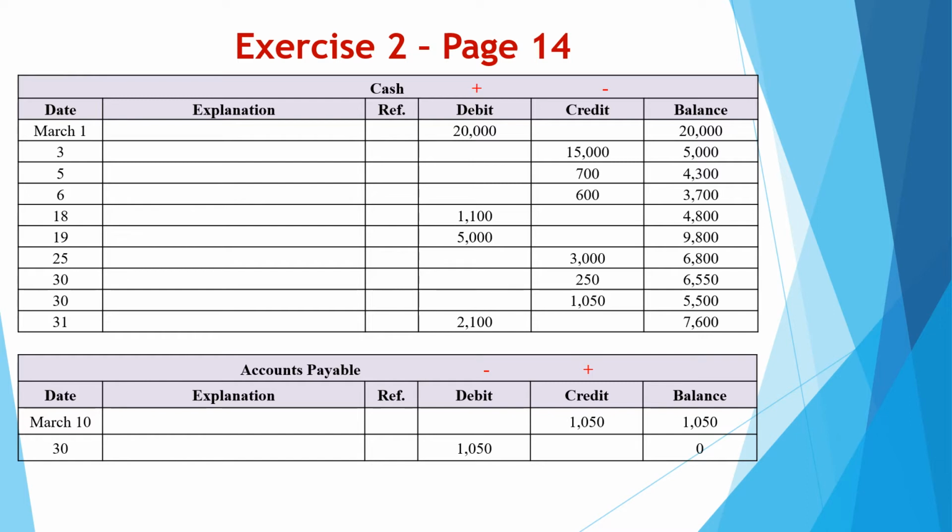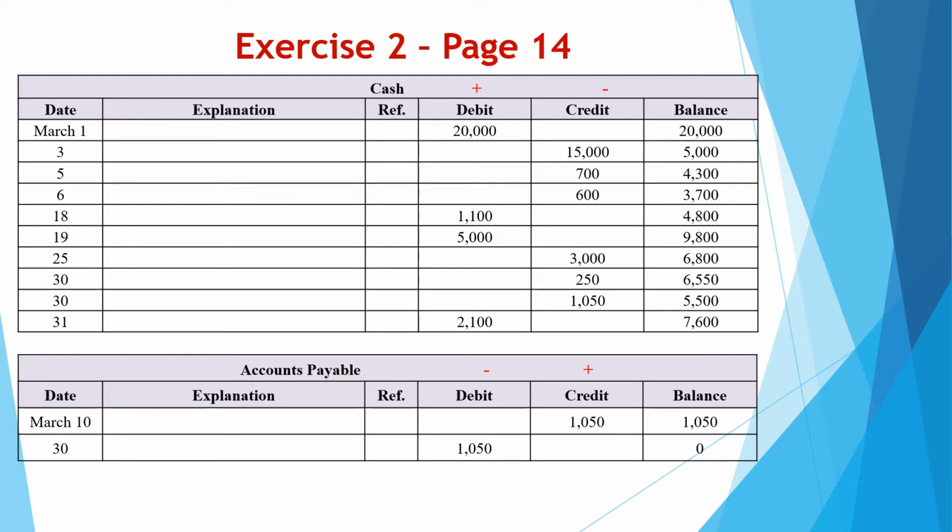We take the balance of the previous date, which is 5,000, minus the 700 of the current date equal 4,300. And I'd like to note again that it is minus 700 because the amount is in the credit, and when the amount is in the credit it is minus, and this is for cash.